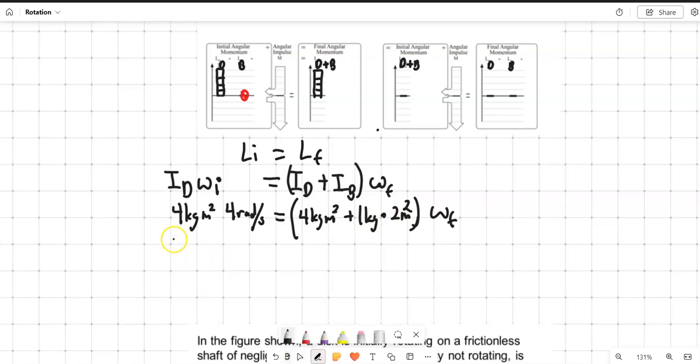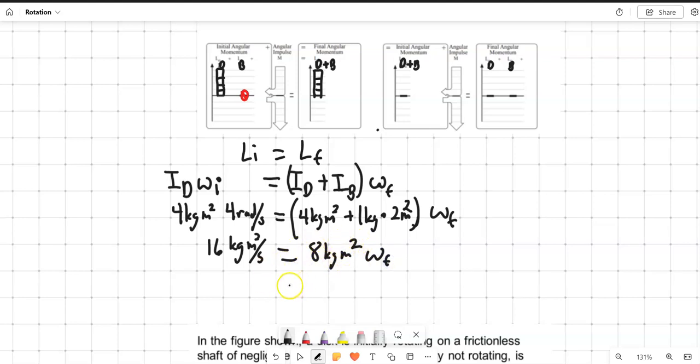So this side is going to work out to be 16 kilogram meters squared per second. And this is going to be 4 kilogram meters squared plus 4 kilogram meters squared. So this is going to work out to be a total of 8 kilogram meters squared times omega final.